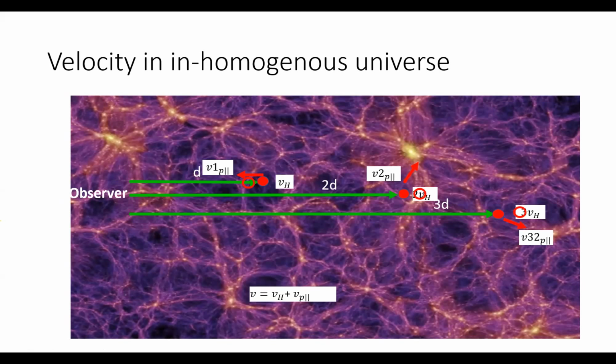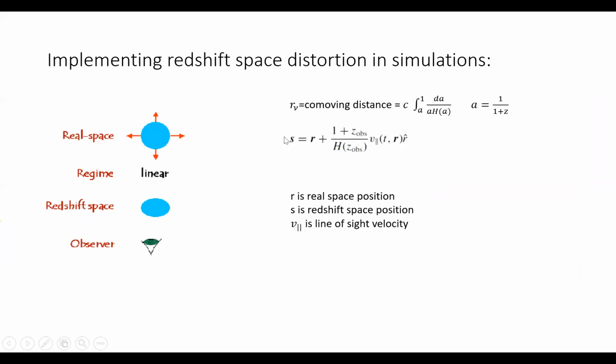Your particle locations will be rearranged because of this peculiar velocity, and this new location can be calculated using this formula. S is your new location, the location in redshift space.